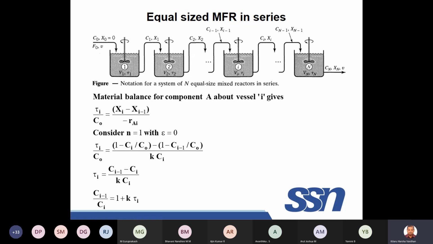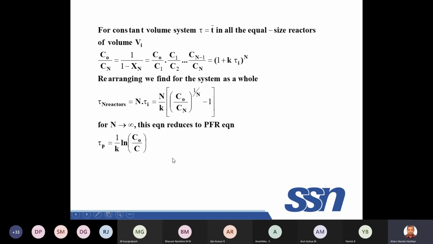Because you get more conversion. But here what it is telling is that equal size MFRs in series will be equal to one PFR having a volume equal to the sum of the volumes of the individual MFRs.